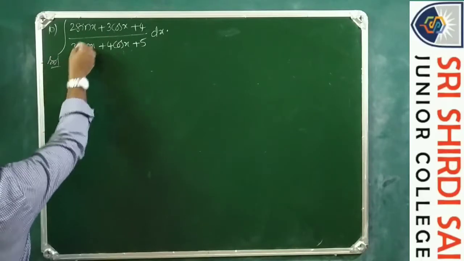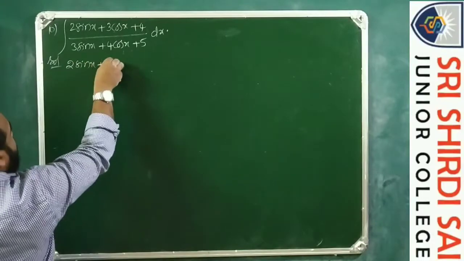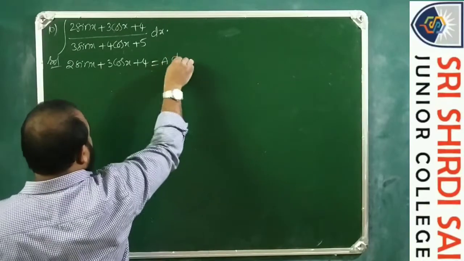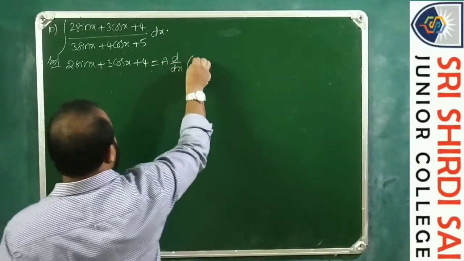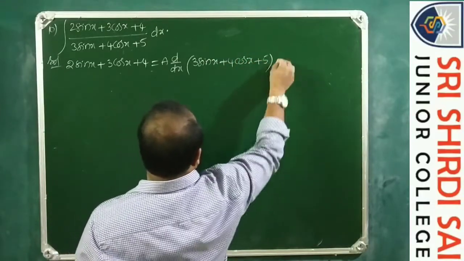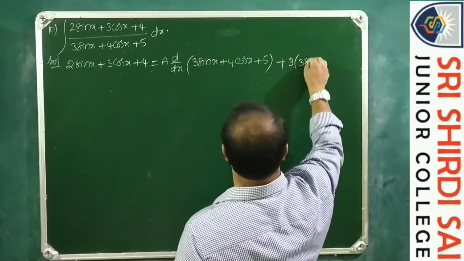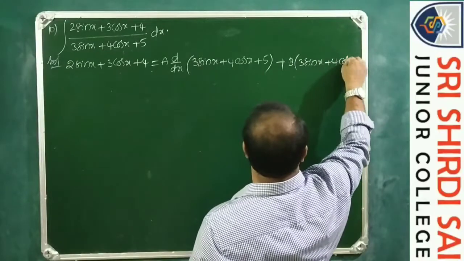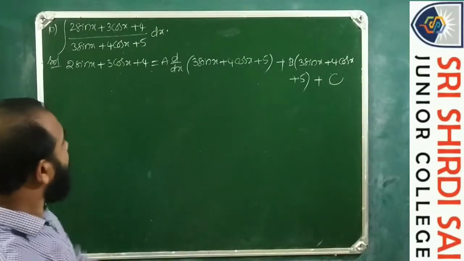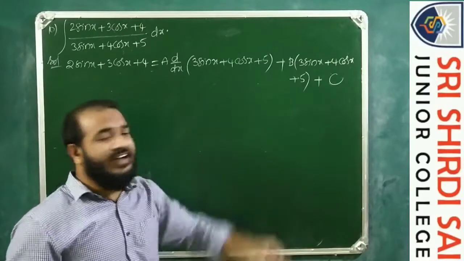So here, the working rule for the numerator: 2 sin x plus 3 cos x plus 4 is equal to A into d by dx of denominator 3 sin x plus 4 cos x plus 5, plus B into denominator 3 sin x plus 4 cos x plus 5, plus C, where A, B, C, the constants, are going to be evaluated.